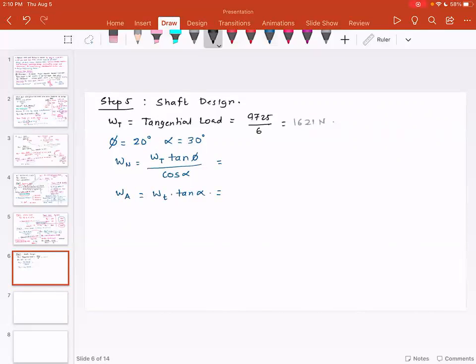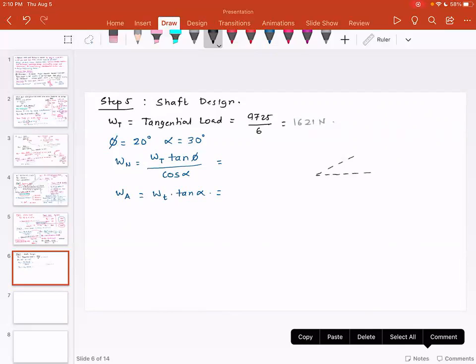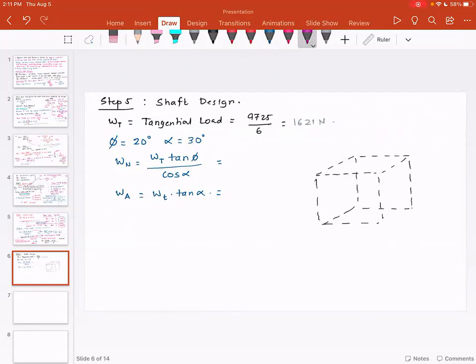So if you recollect, we looked at the force on the gear. This is Wn.